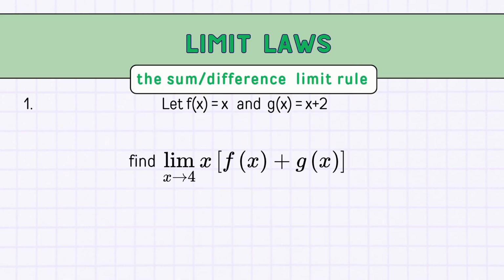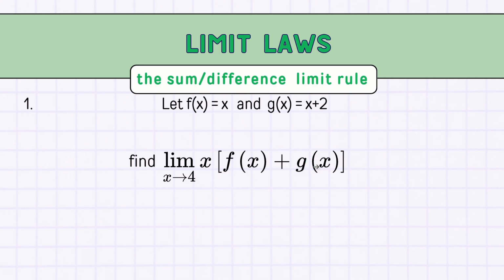Now let's have our first example. Let the function f of x equal x and the function g equal x plus 2. Let's substitute. This will be x, and this function g will be x plus 2. Now we have x plus x plus 2.